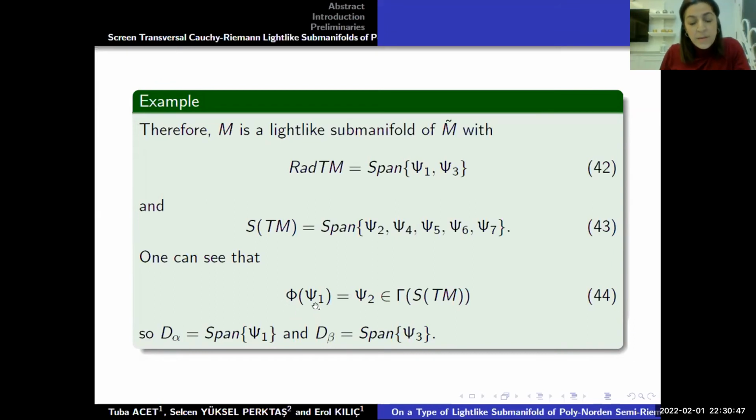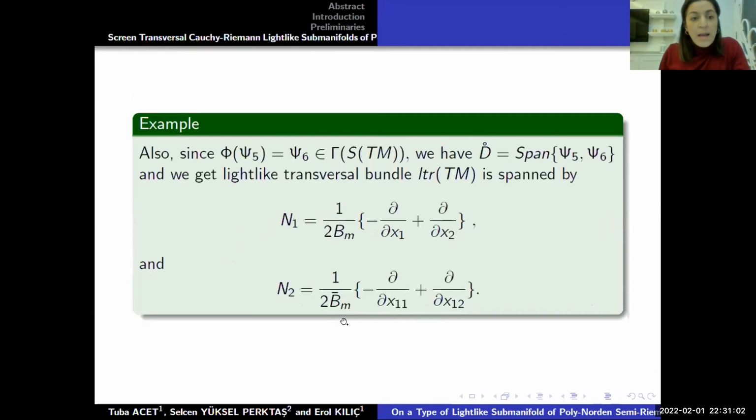We can see that the image of psi1 under phi is equal to psi2, and it belongs to the screen distribution. So we can choose D alpha and D beta like this. And also we see that the image of psi5 under phi is equal to psi6, and it is again in the screen distribution.